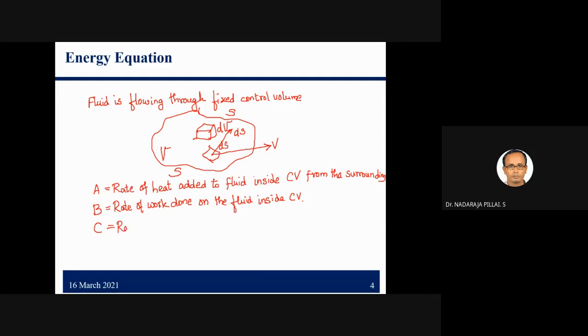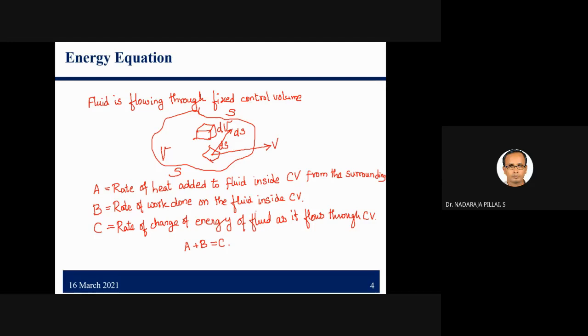So we can write this as the same equation, dE is equal to dQ plus dW, and here we can write A plus B is equal to C. Now let us think one by one.